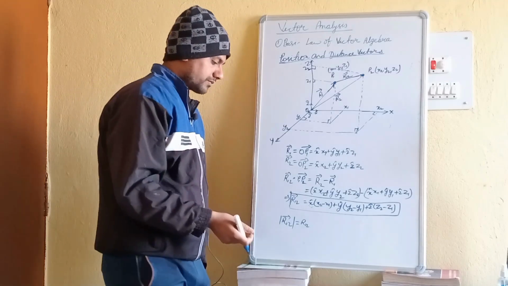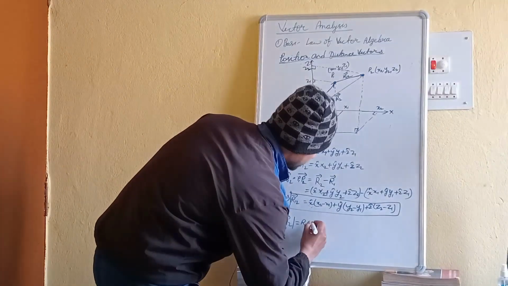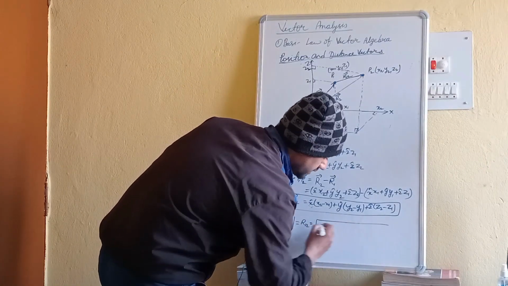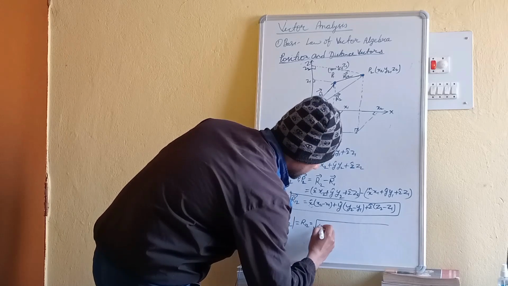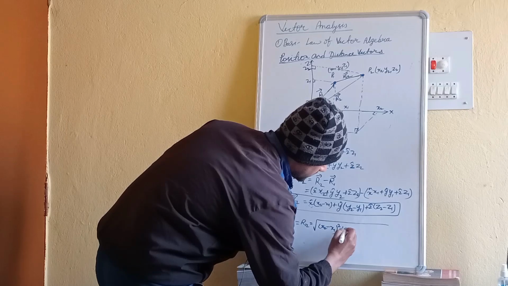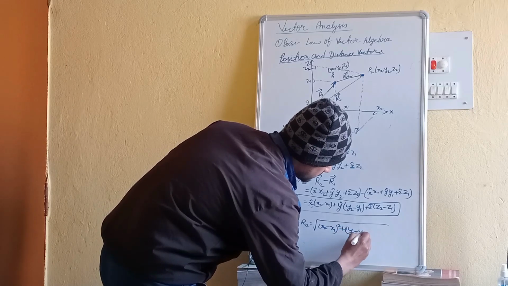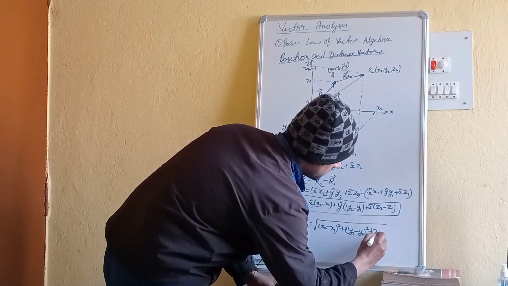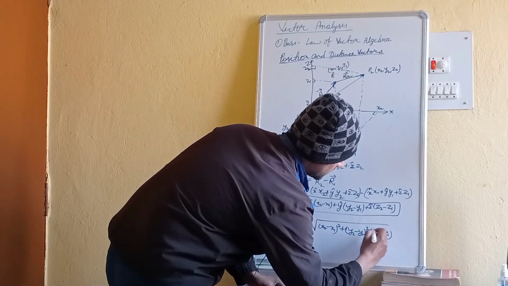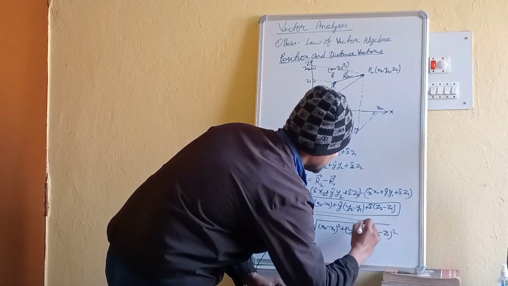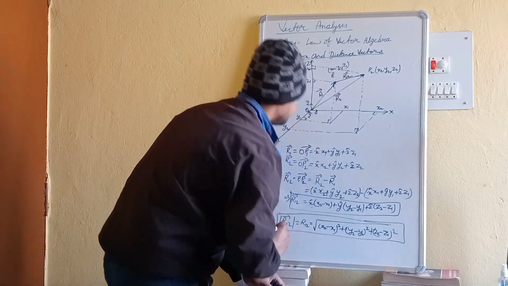So I can write square root of x2 minus x1 whole square, and so on. This gives the magnitude of the distance vector.